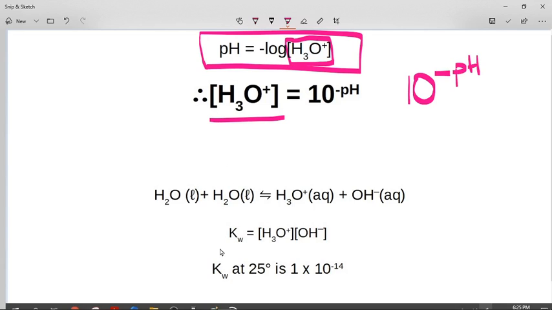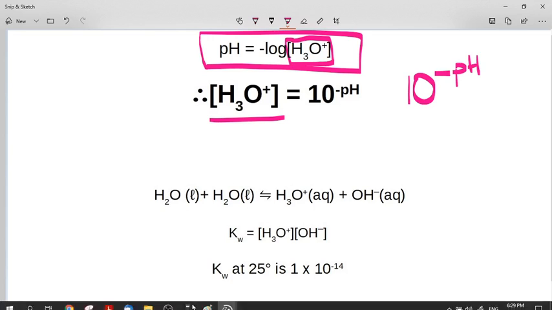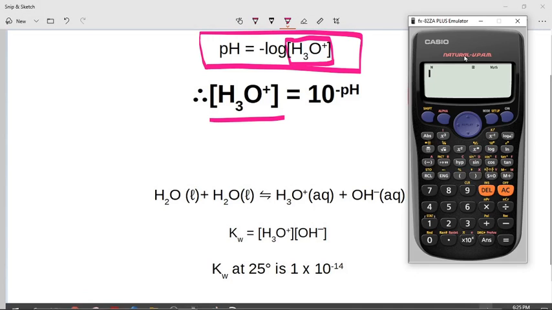Let me see if I can bring my calculator up to show you. You can do it shorthand. See here on the calculator, you can see the log button. So if you want to calculate pH, you use the log button by itself. But if you need hydronium ion concentration, you must go shift log and you will get 10 to the power of, and then you just type in whatever the value is, -4.